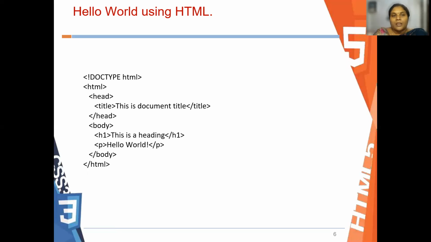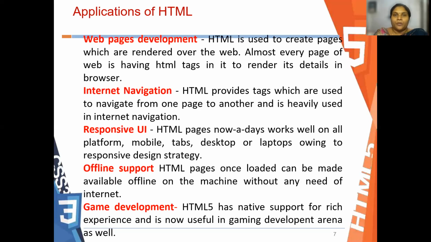If you run this program, you will get a browser in which the browser title will be, this is document title. Inside the browser workspace, you will get a heading like, this is a heading. Below that you will get a sentence like hello world. This will be the output of your code.